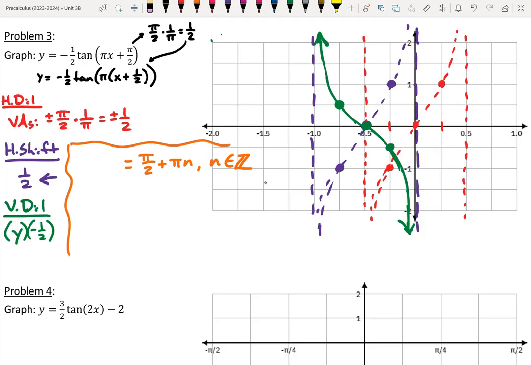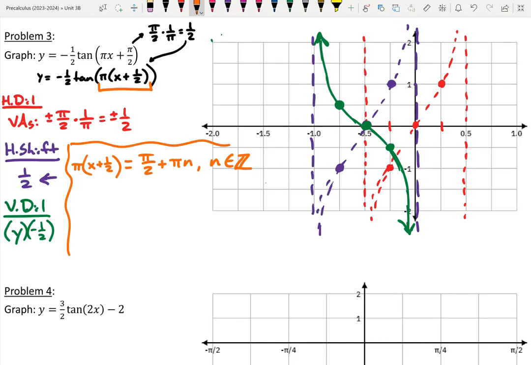What was that? Just 1/2? Okay, so there is an x plus 1/2, but there's more than that. What else? The pi as well. So it's the entire inside of the tangent function.